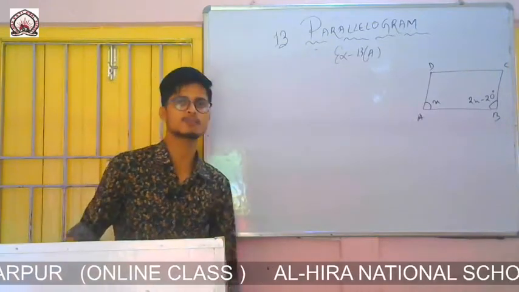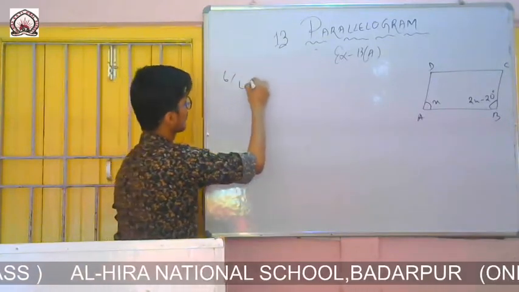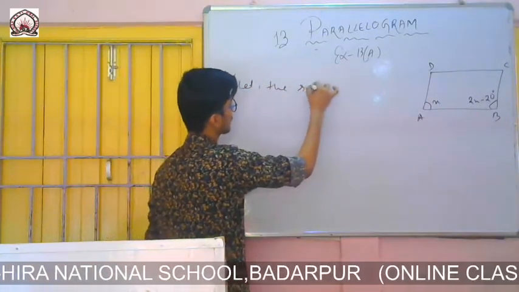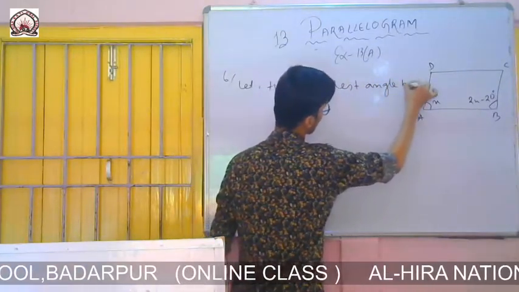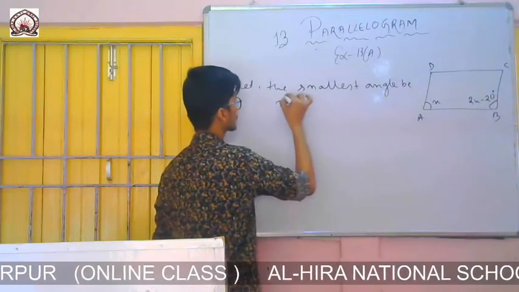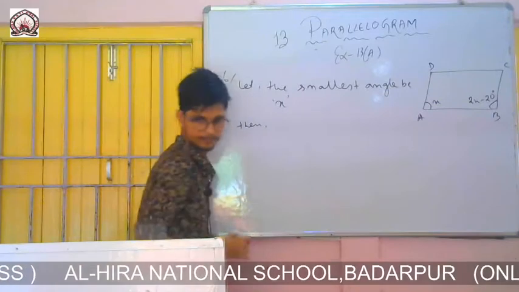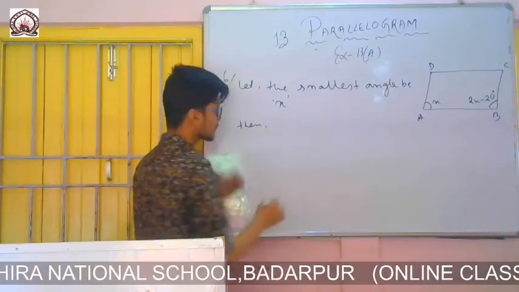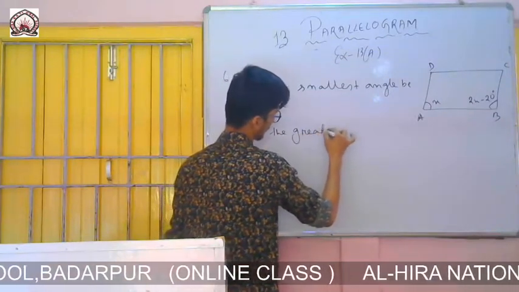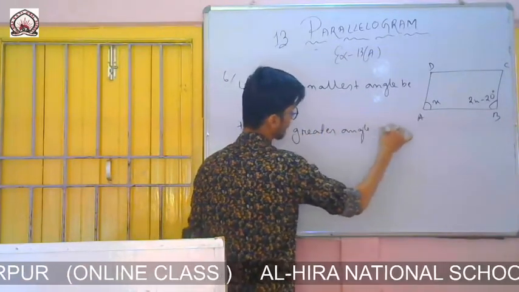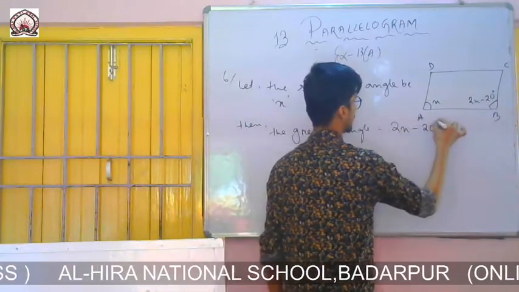So I will write, question number 6. Let the smallest angle be x. Then the greater angle is equal to twice x minus 20 degree.